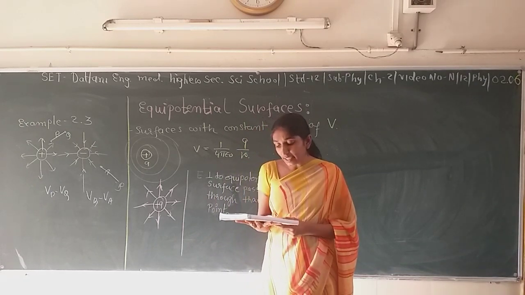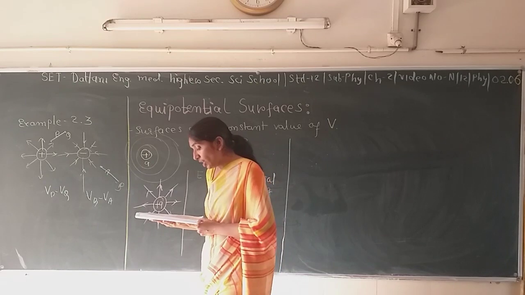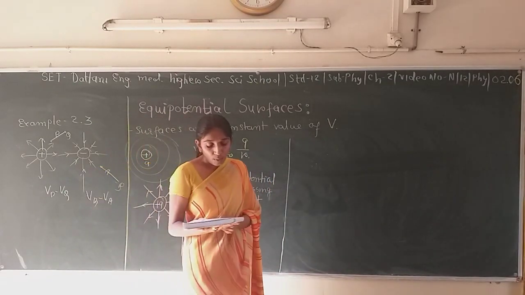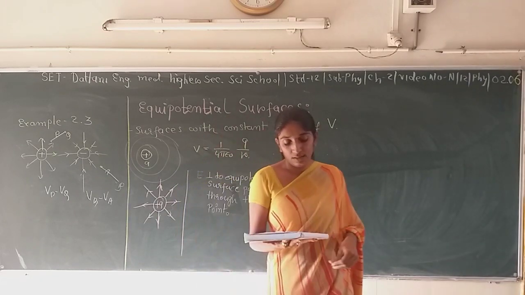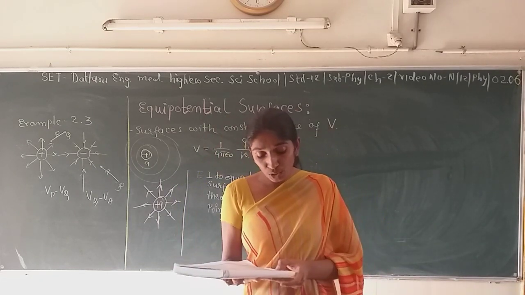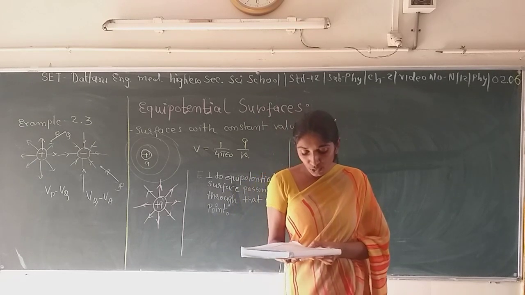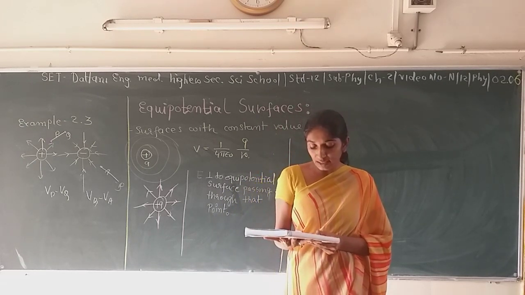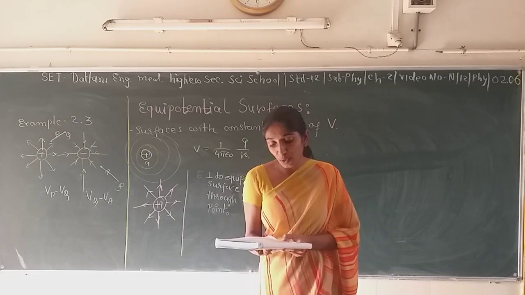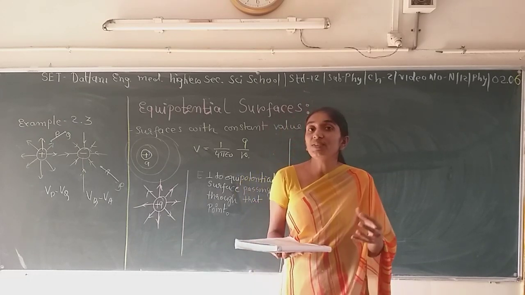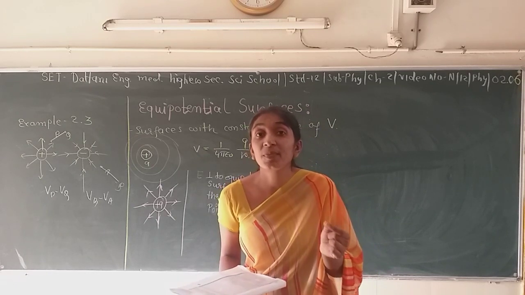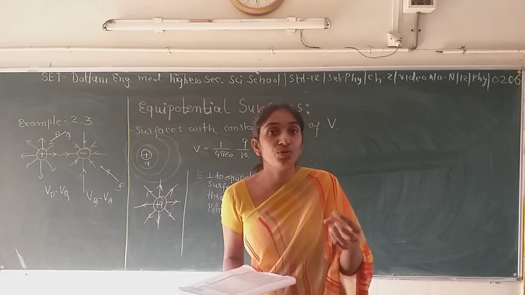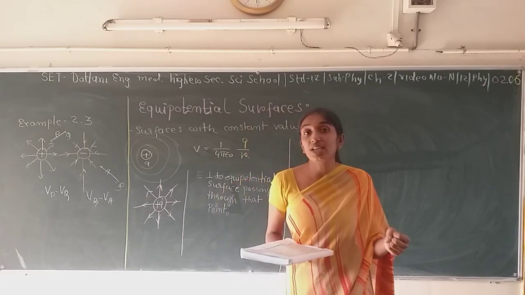E. Does the kinetic energy of a small negative charge increase or decrease in going from point B to A? Okay, due to the force of repulsion on a negative charge, velocity decreases and hence kinetic energy decreases in bringing it from B to point A. Since we are talking about this negative charge, and at the center also there is a negative charge, two negative charges repel each other.